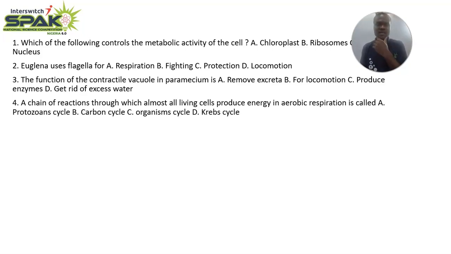Of course, everything put here is just there to distract you. There's nothing like a protozoan cycle. We have the carbon cycle, but that's not what you are looking for. The carbon cycle is the process that brings about the continuous circulation of carbon. Organism cycle, no. So the answer is the Krebs cycle, or citric acid cycle.